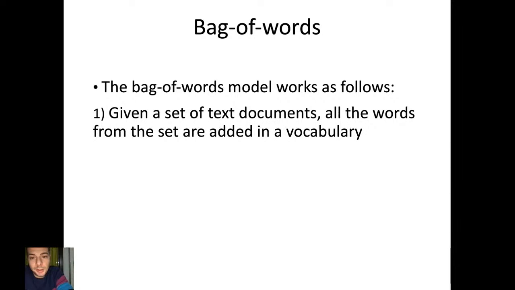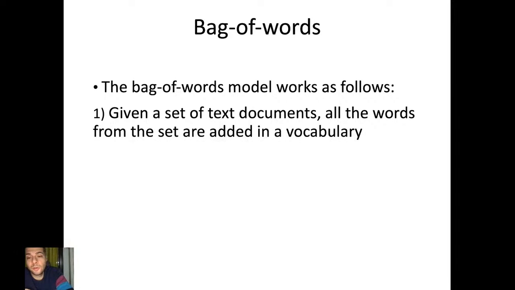So in NLP, in the bag of words model, we have a set of documents, and all the words from the set are added into a vocabulary. So the vocabulary is a list with all the words in the documents, and we assume that the list is ordered in some way.